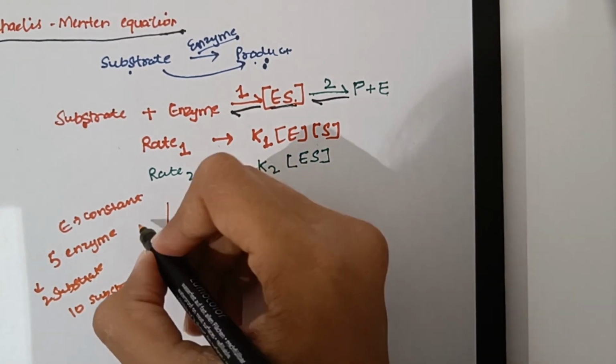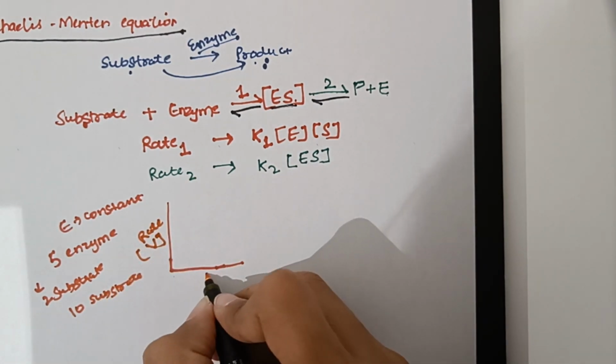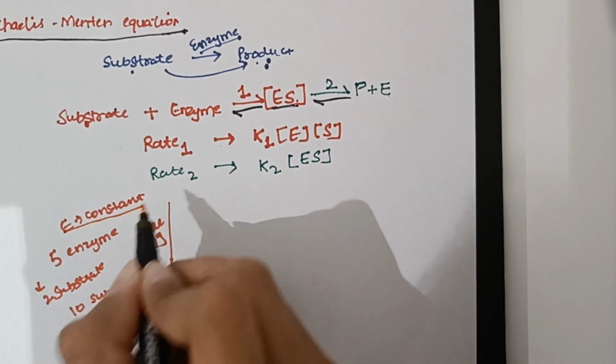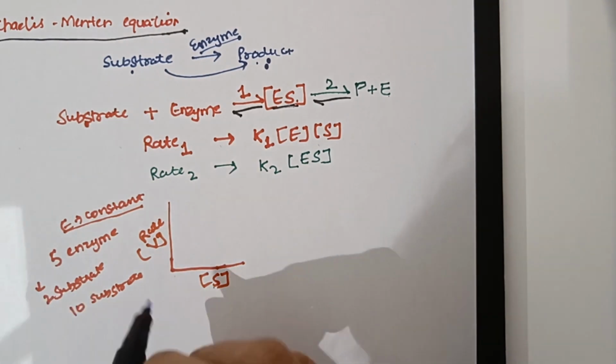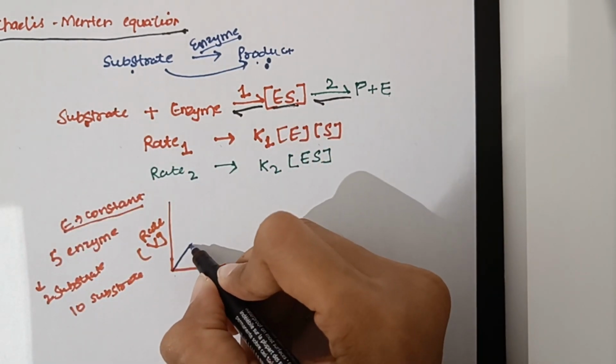I am plotting a graph of rate, the speed of the reaction, against substrate. If we consider that the enzyme is constant, what happens? As the substrate increases, the rate of the reaction to form the product will also increase.